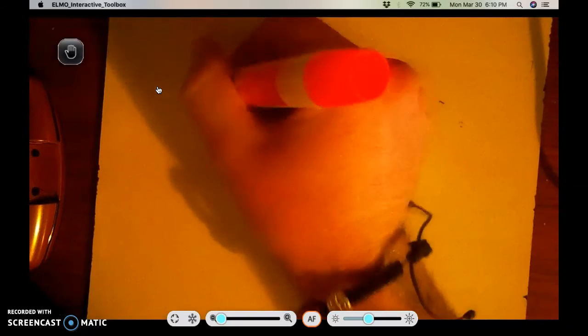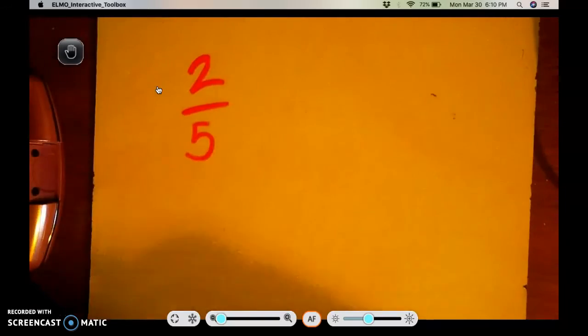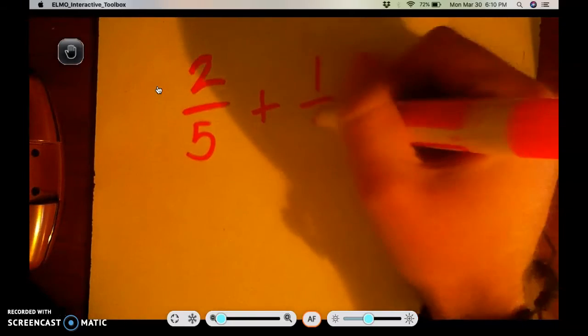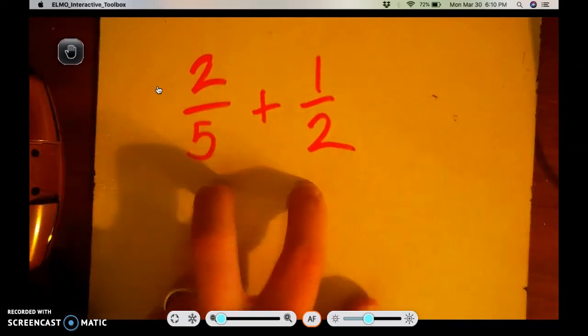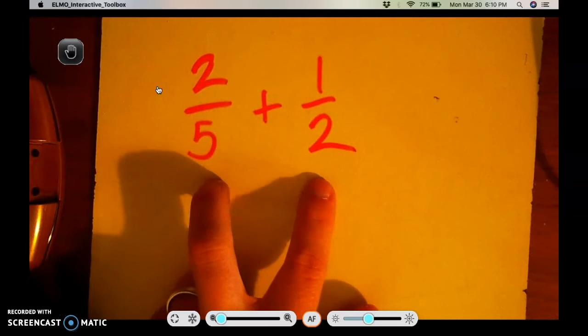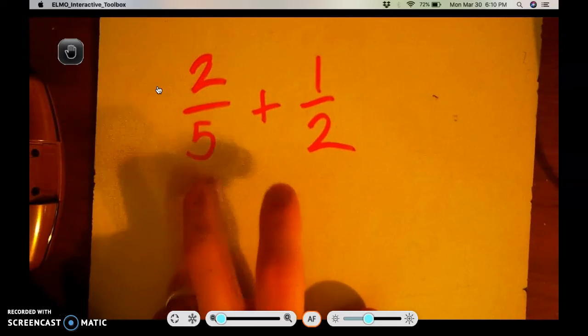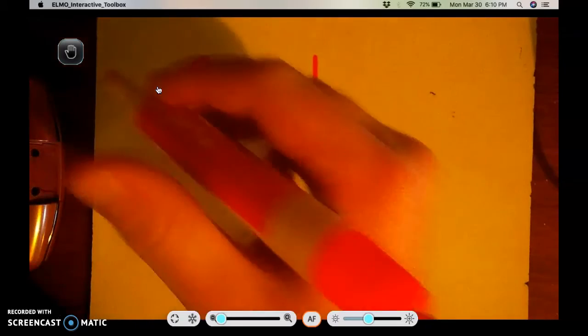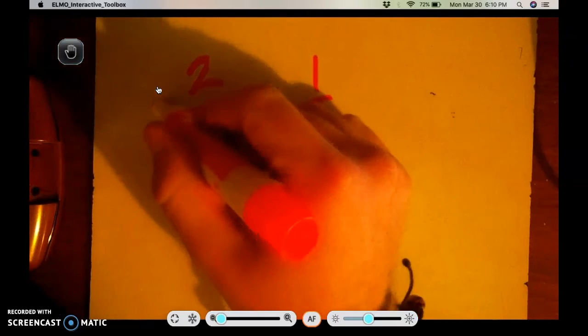So the next example is 2/5 plus 1/2. Again, I have to find the least common denominator of 5 and 2, where they're going to meet. I'm going to find that 10 is the earliest that they're going to come together.